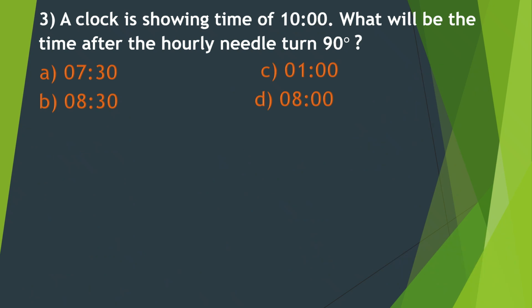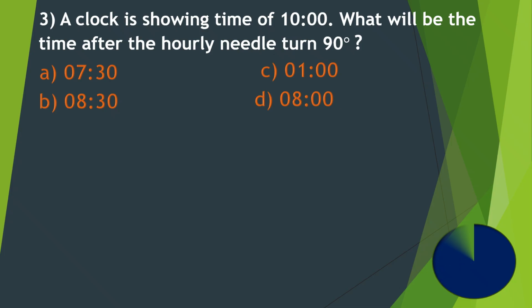Third question on your screen and your timer starts now. Same type of question. You can solve it very easily. A clock is showing time of 10 o'clock. What will be the time after the hourly needle turns 90 degree? First you need to find out x, correct?